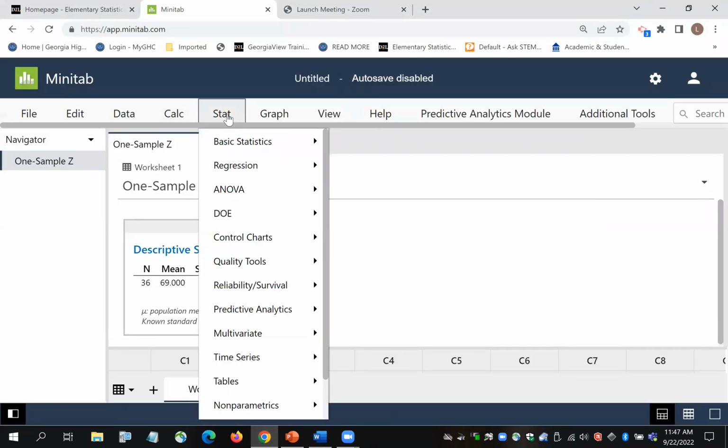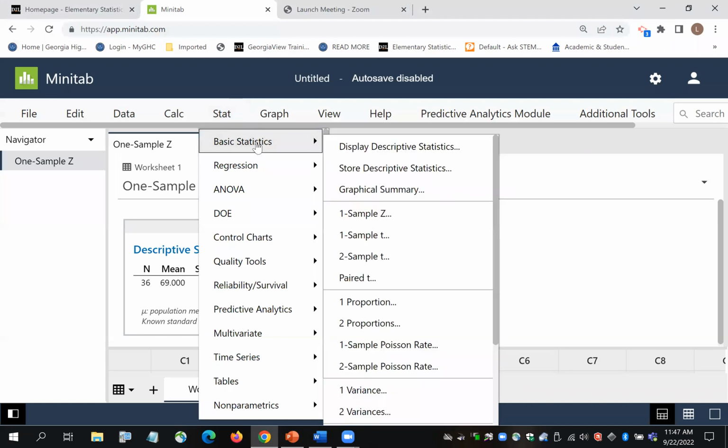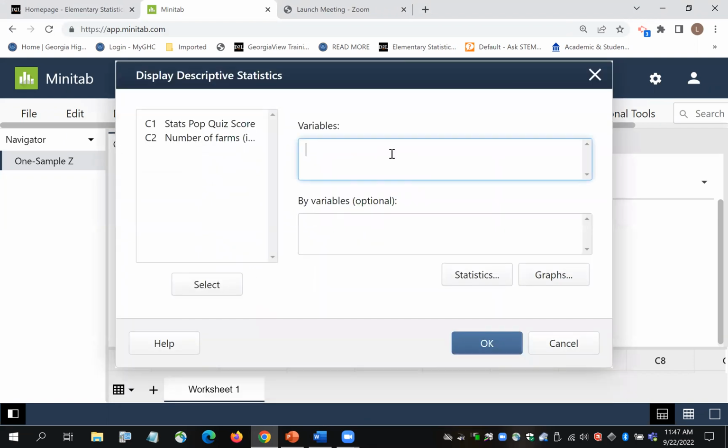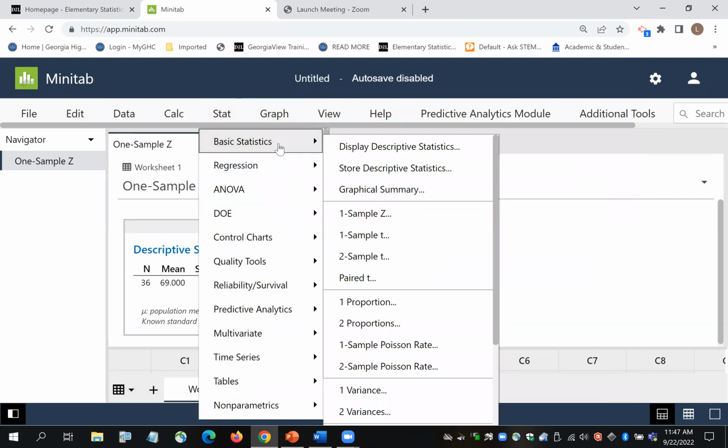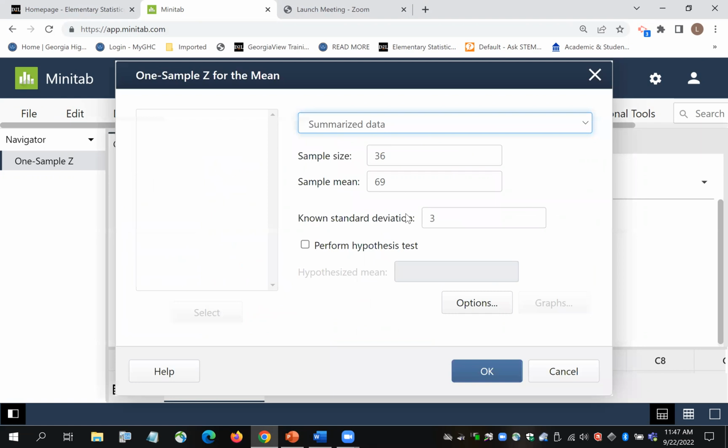Stat, basic statistics, display descriptive, I'm sorry, wrong way. Stat, basic statistics, 1 sample Z. Again, we have the summarized data.